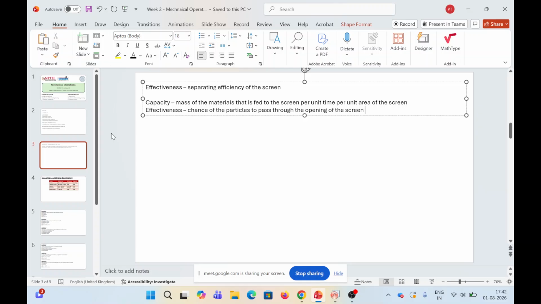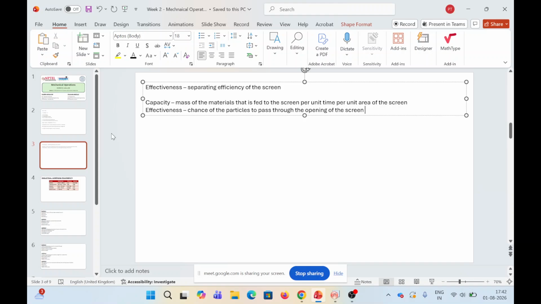Now there is another thing we need to look at when we talk about effectiveness. As I said, the particles need to be smaller than the size of the openings in the screen so that they can pass through. But this comes with a condition.